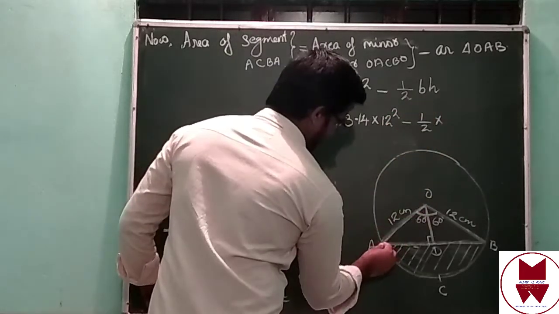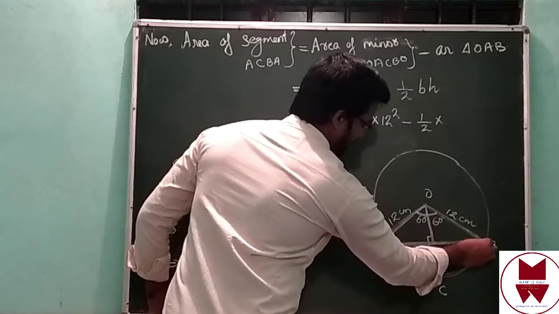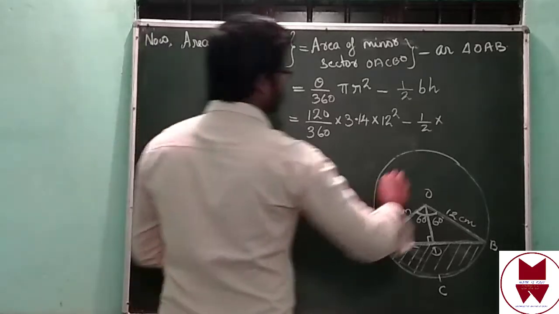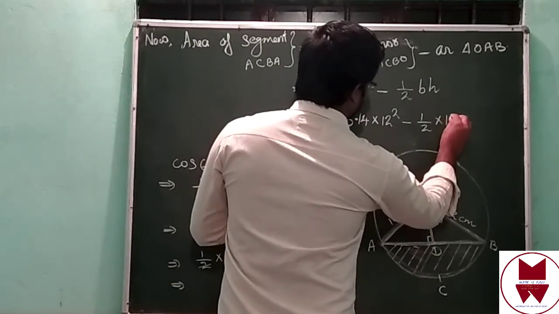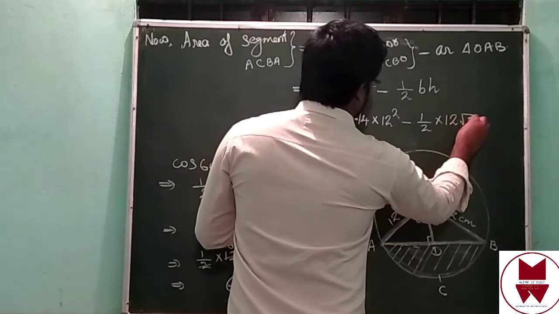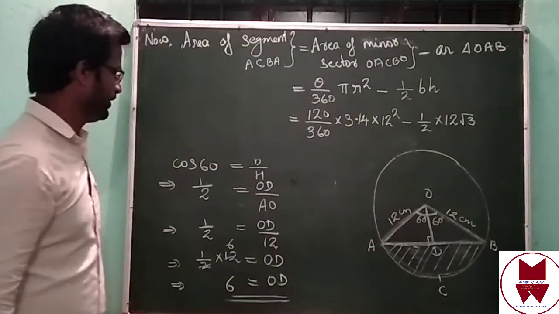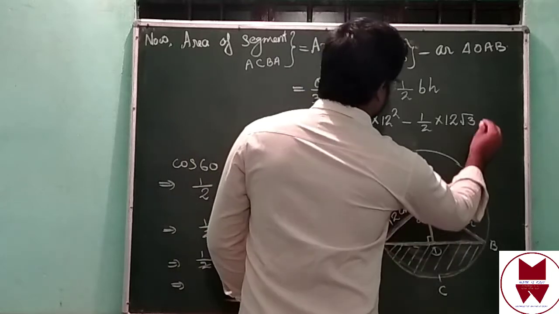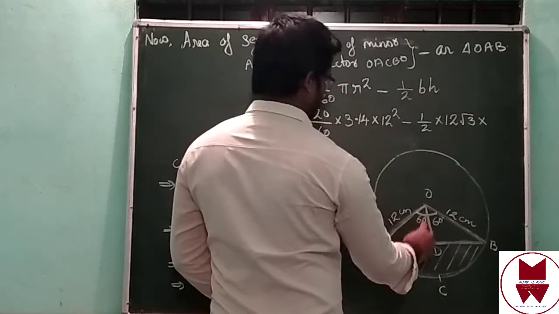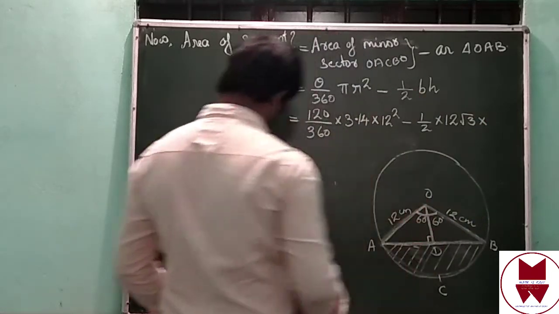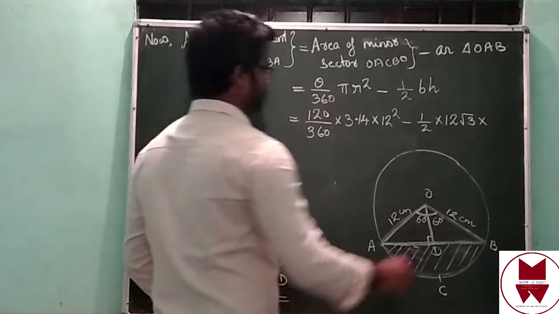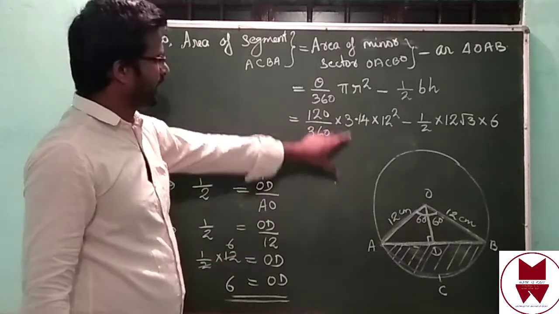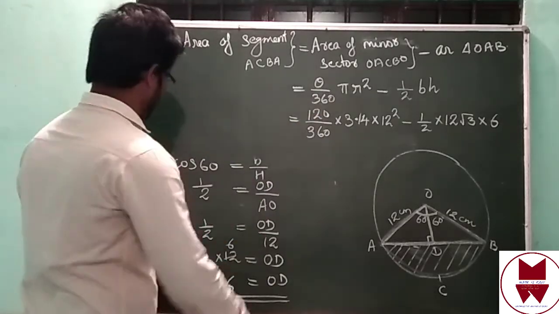In this triangle, base means AB. AB we already wrote, that is 12 root 3, into height. Height means OD. OD is 6. Then we have to calculate, then we will get the answer.